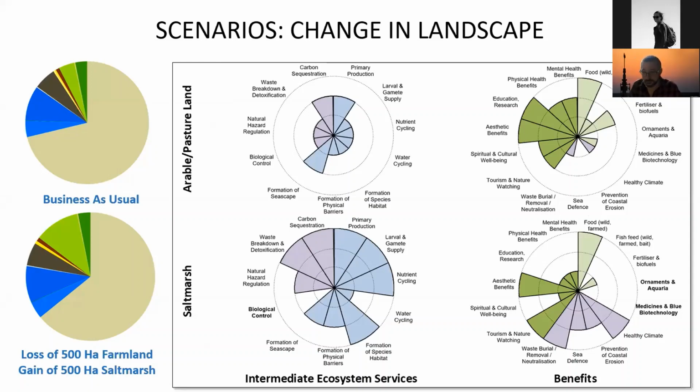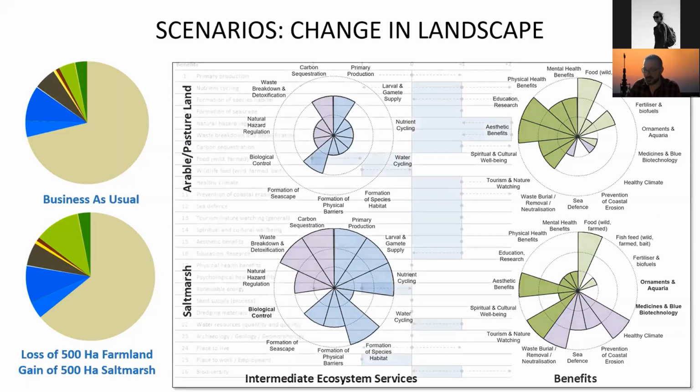However, for salt marsh, we do have that data, peer-reviewed and published. So that gives us an idea of how, in this particular region, we change from arable pasture land to salt marsh, and there is a change in the types of benefits that we get. And we did this visualization.